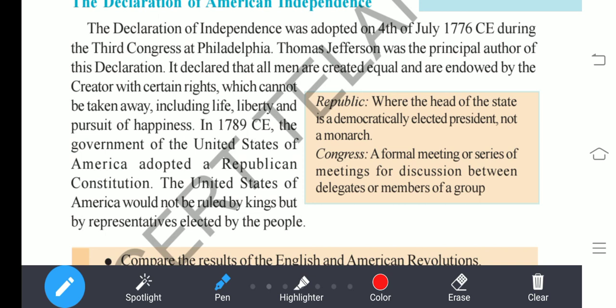USA is going to be ruled by a head who is elected by the people. So America turned to a Republican constitution by 1789 Common Era. That is American independence.